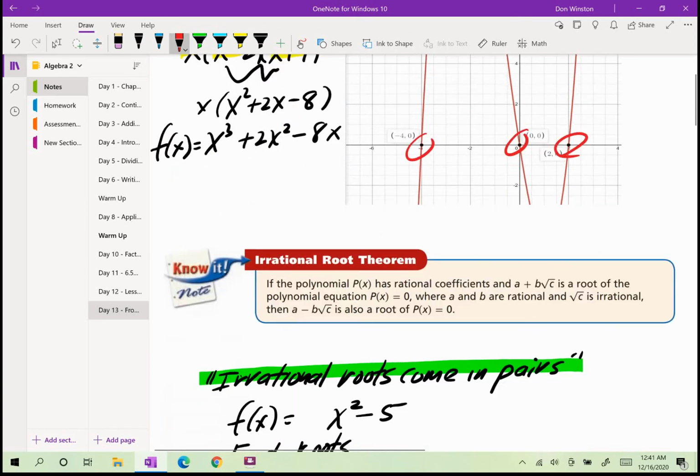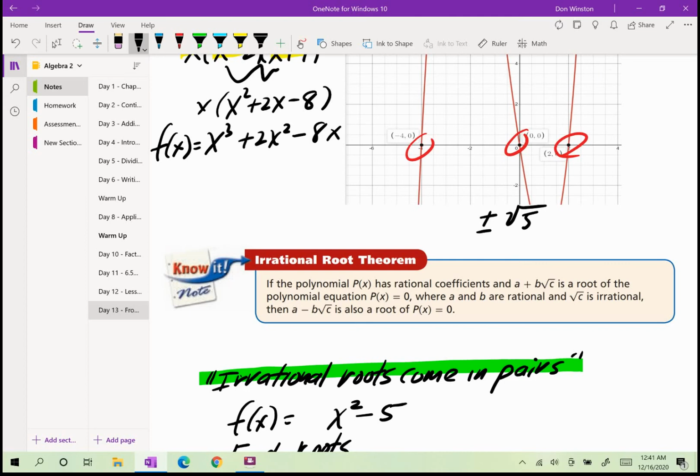Okay, so let's begin. So here, the irrational root theorem. It says a lot of verbiage there, but what the irrational root theorem really says is this here. In solving a quadratic or any type of polynomial, but particularly a quadratic, whenever you solve the quadratic, like when you use the quadratic formula, you got maybe the roots or zeros were something like root 5 plus or minus root 5.